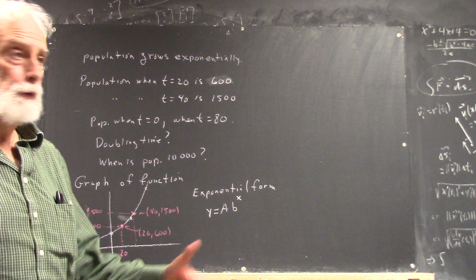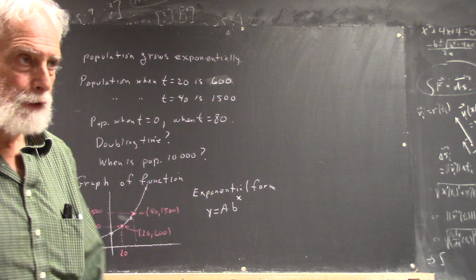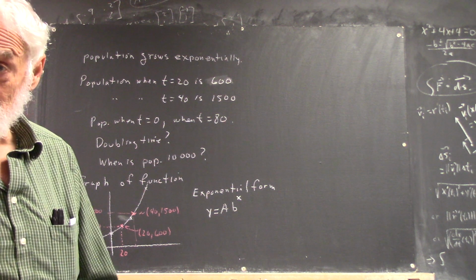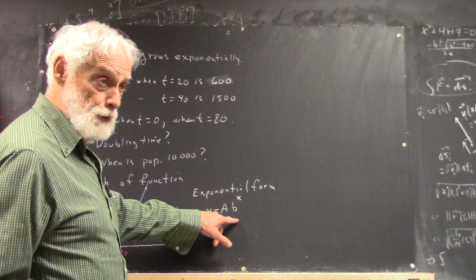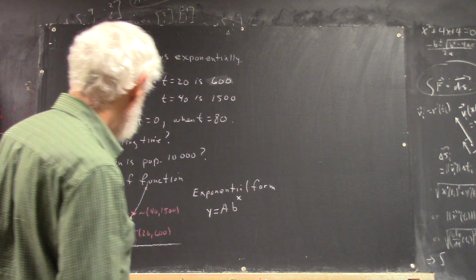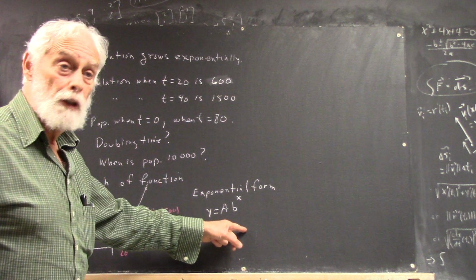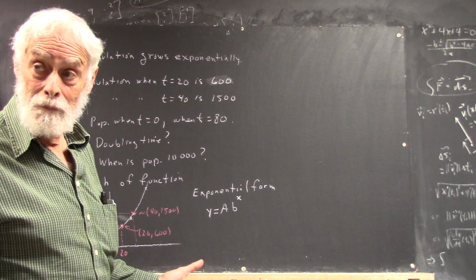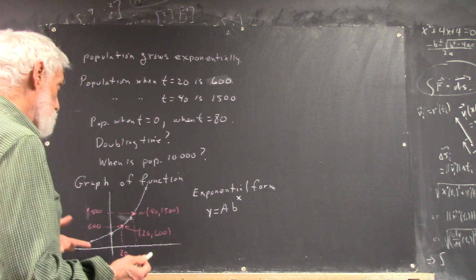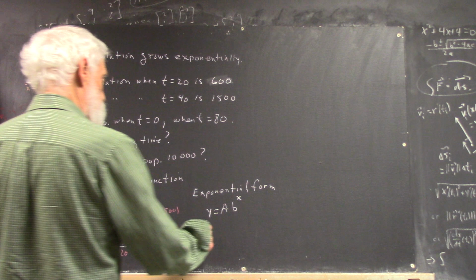There are other forms, and we've seen how you change from a b to the x to an e to the kx or a 2 to the kx form. We've already done that, but let's just stick with this simple form because we're just trying to learn to do the applications. Okay, so we get 2 simultaneous equations. You know what to do. You've done it. If you don't remember, well, you probably will. It means when x is 20, y is 600.